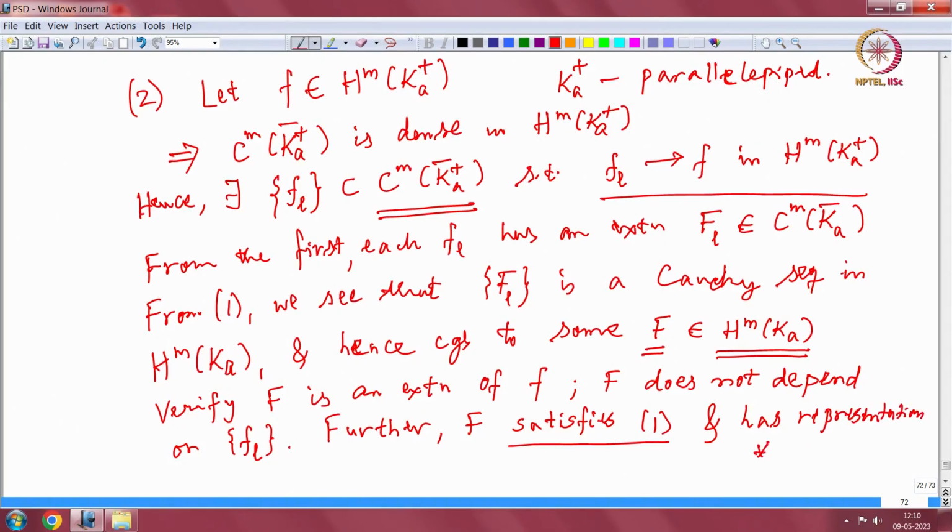Of course, almost everywhere. Okay, so F also has that similar expression. Okay. So, these results we are going to use for a general domain now. Okay. So, that is our next goal.